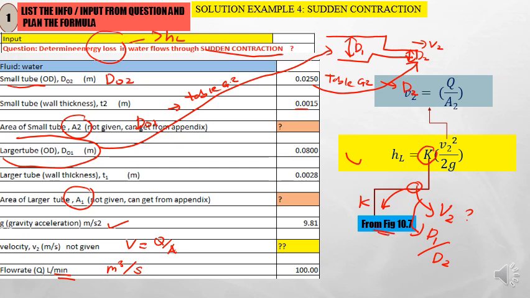Then after we have the K value, we have to get the V2 value. V2 we just substitute into this formula, which is Q divided by A2. And g we do have and we know the value already. Then we will be able to solve this equation and get the HL.